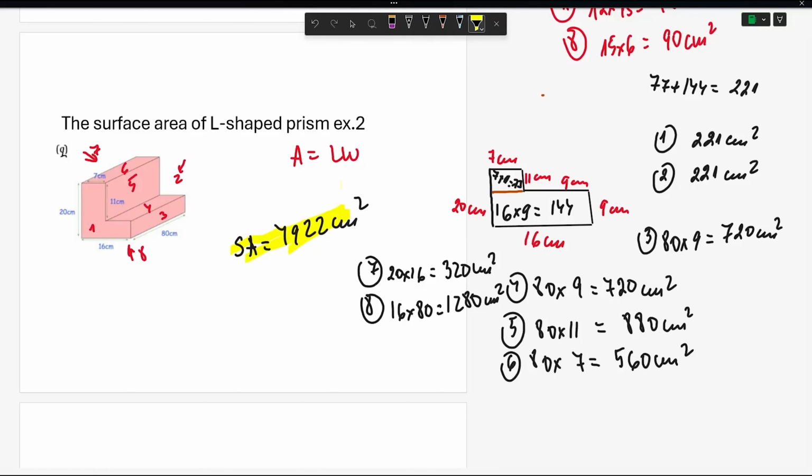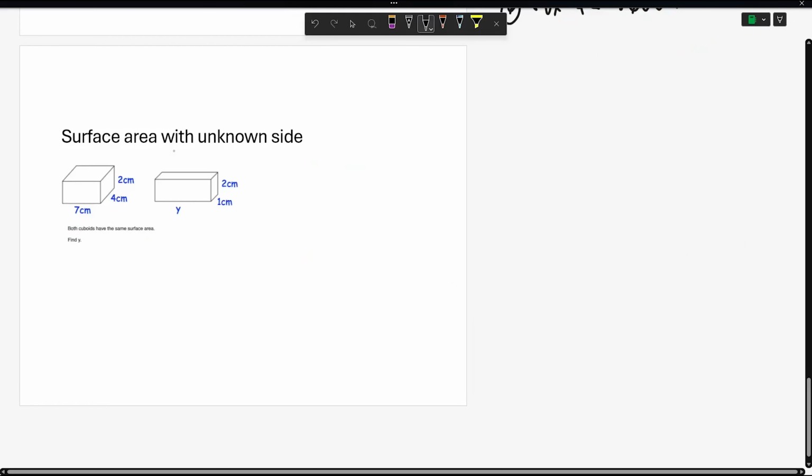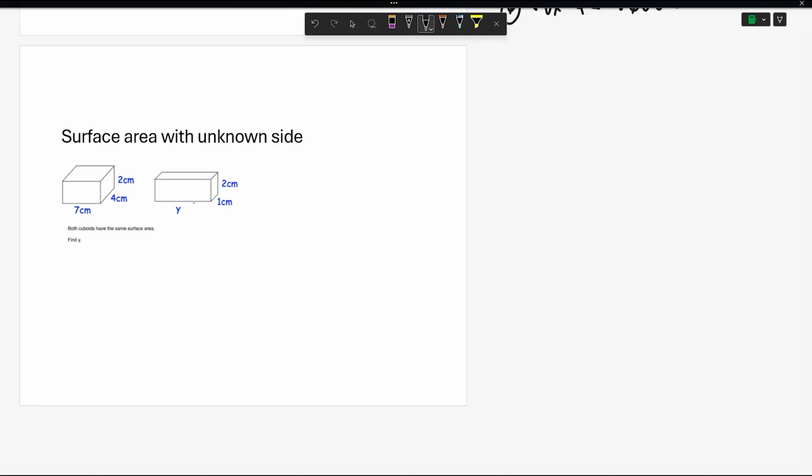Right, now let's have a look at one example, when you need to find your surface area, but you have an unknown side, so you don't know this side. And you know both cuboids have the same surface area, and the question is, you need to find your y, your missing side. How do you need to do that?